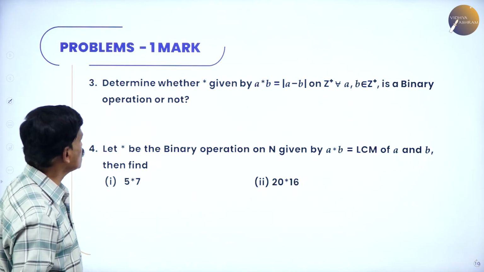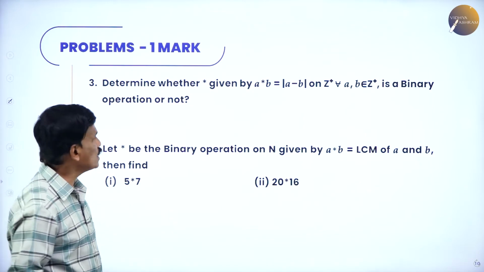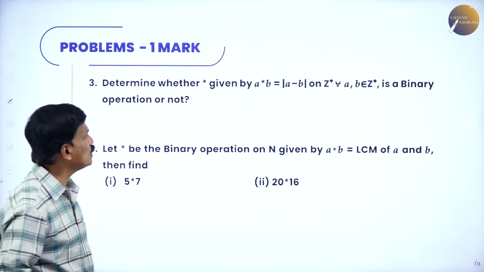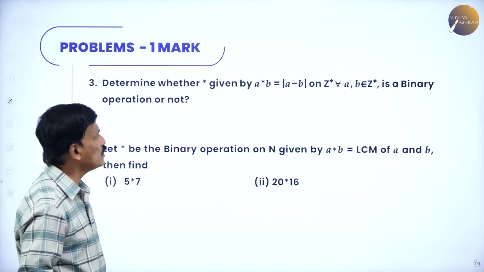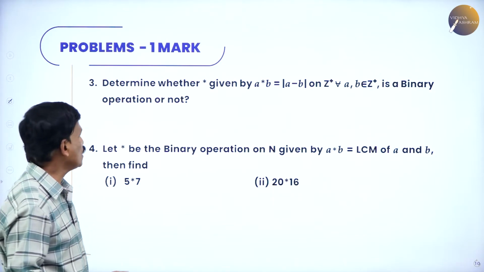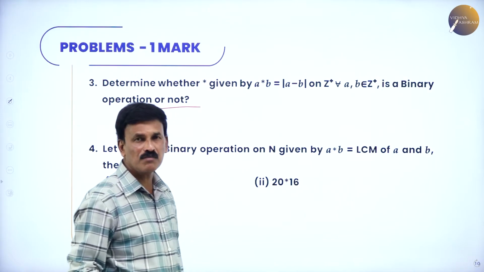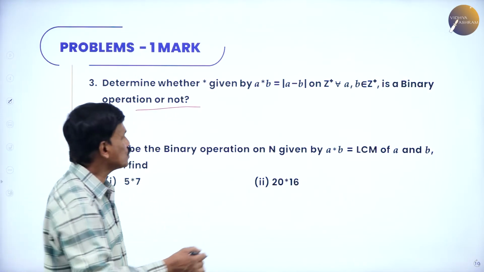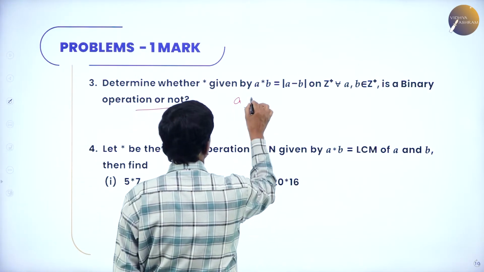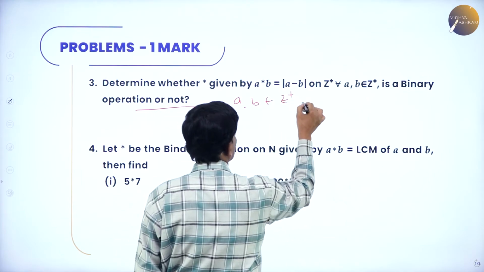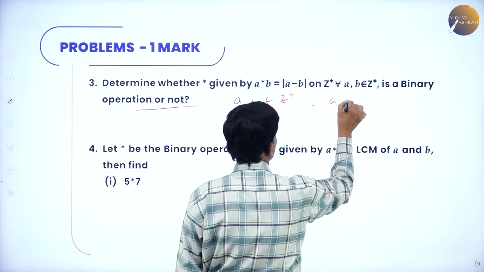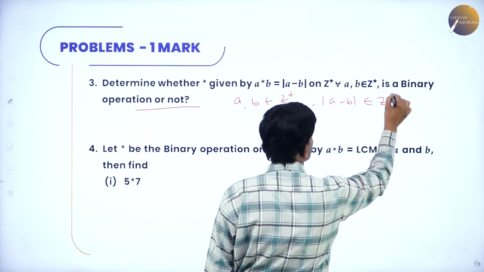Now let us take the next problem. Whether star, given by a star b is equal to mod of a minus b on Z plus for all a, b belongs to Z plus, is a binary operation. Definitely this is a binary operation because modulus of a negative is a positive number. So since a, b belongs to Z plus, mod of a minus b also belongs to Z plus.